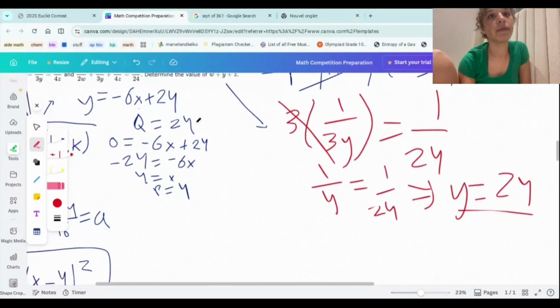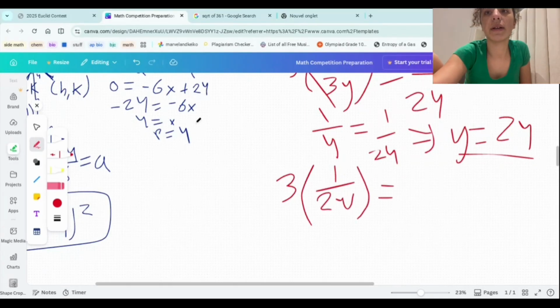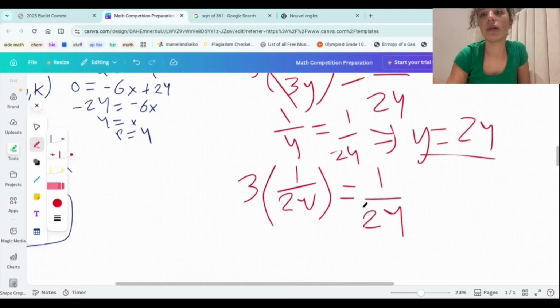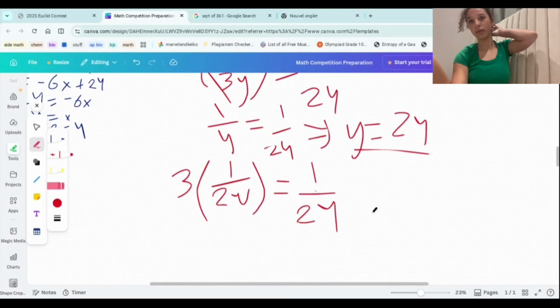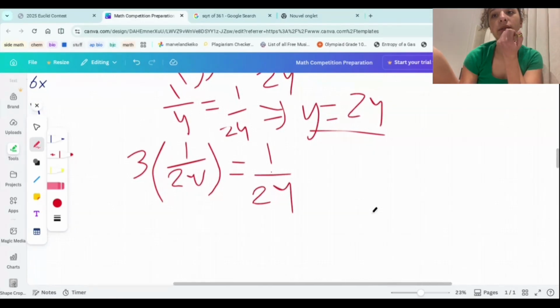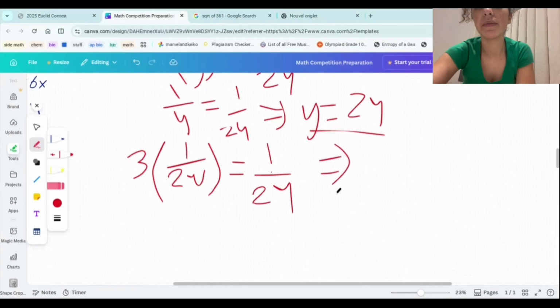Next, I have 3 times 1 over 2w is equal to 1 over 24. So if I divide both sides by 3, well, this is 3 on 2, so I'll just divide both sides by 3 on 2.